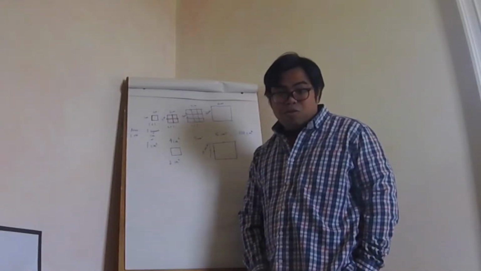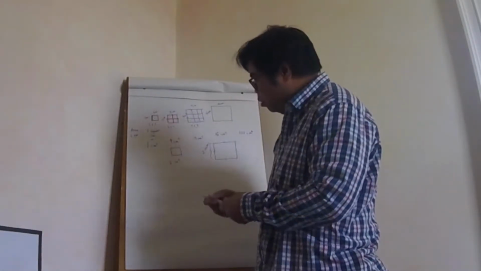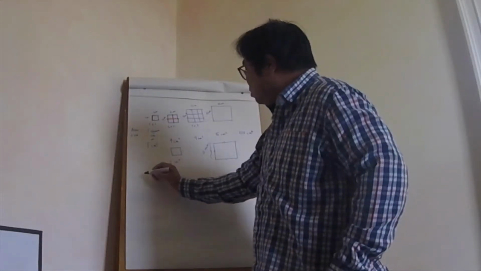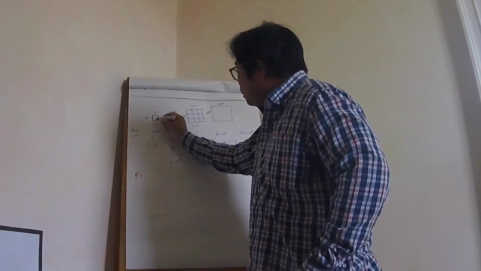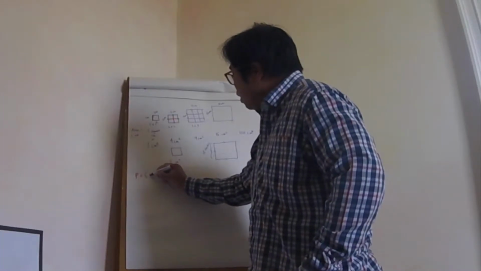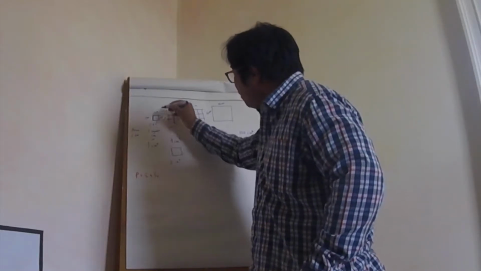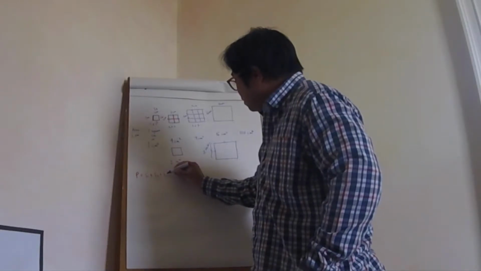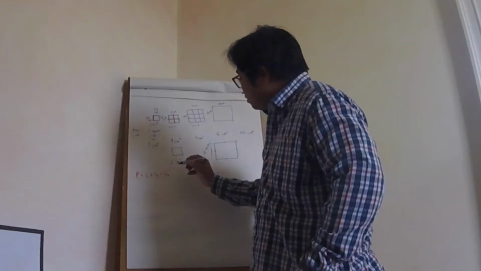So the perimeter of a square, in this instance, you just add all the sides. You add the first side, you add the second side, you add the third side, and you add the fourth side.